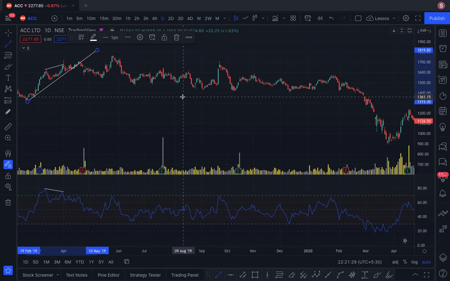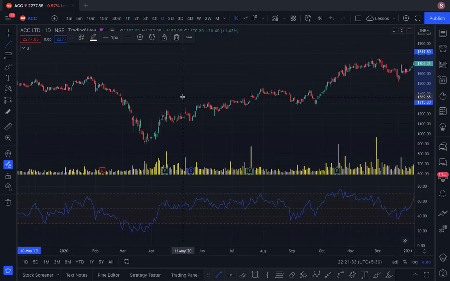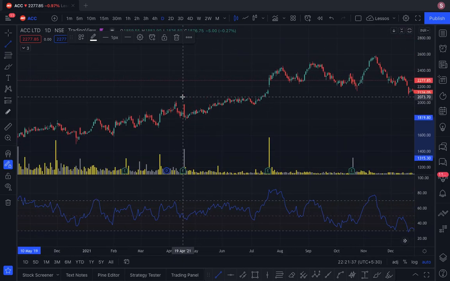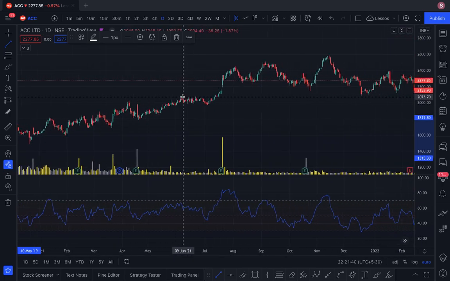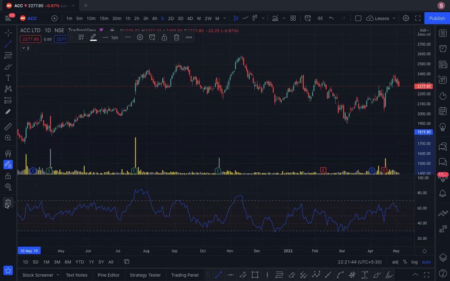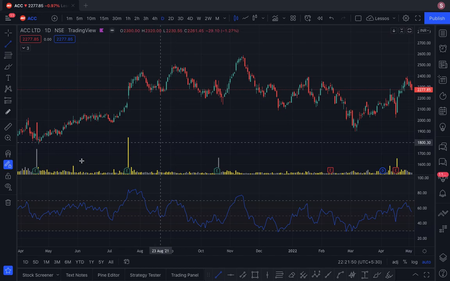But in that case, you have to keep scanning through the stocks, and there is no scanner that will show you an RSI divergence. Most scanners will show you an approximation, but not exactly the divergence that is happening. So rather than using RSI, we'll use another indicator, which is nothing but an RSI indicator, but focusing on the divergence.